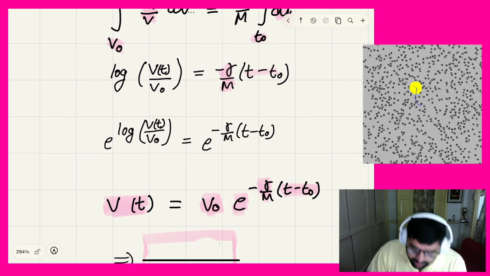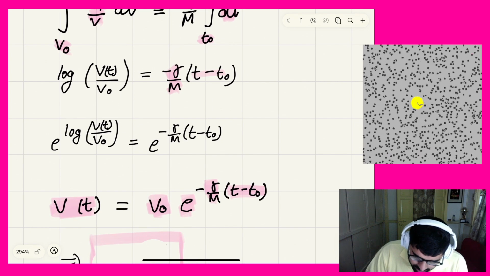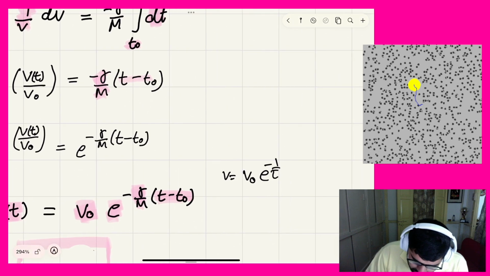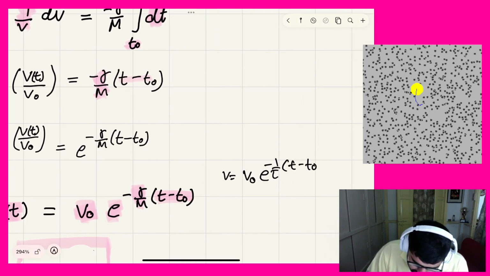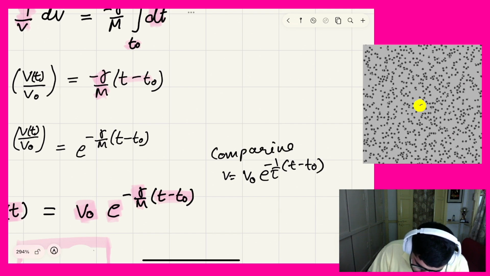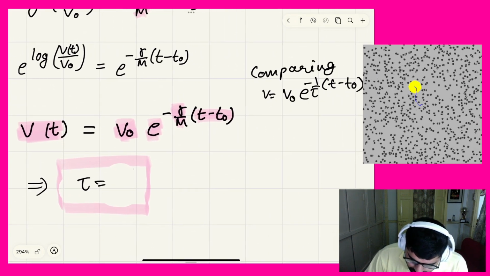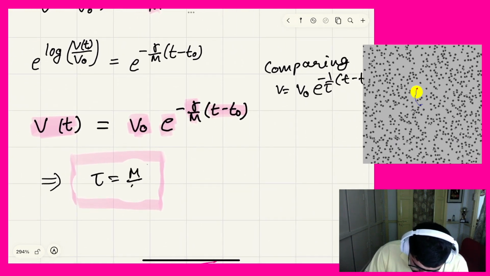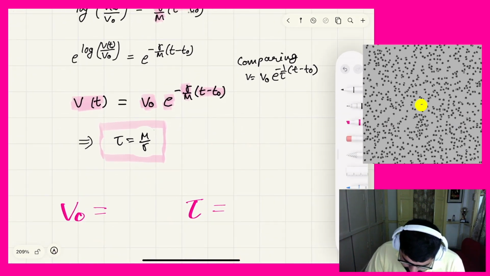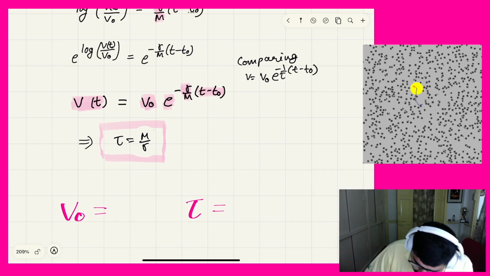So comparing this with what was given in the question, which was v is equal to v0 e raised to the power minus 1 by tau (t minus t0), we get tau is equal to m by gamma.